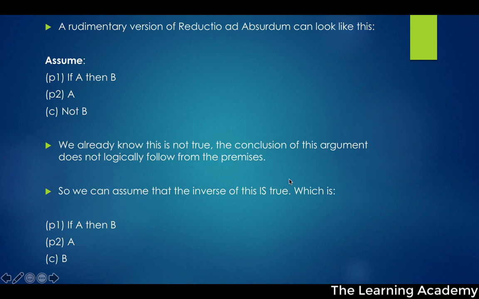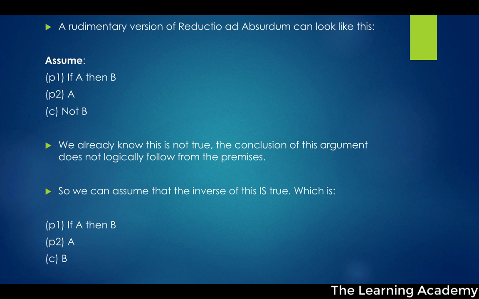Does that make sense? Let me just read it out again, but through the lens of an actual example. So, if it is raining, then I should take an umbrella. Premise 2, it is raining. Conclusion, I should not take an umbrella. Don't forget, we're negating this. We're saying that it's not the case. I should not take an umbrella. Let's take that argument.